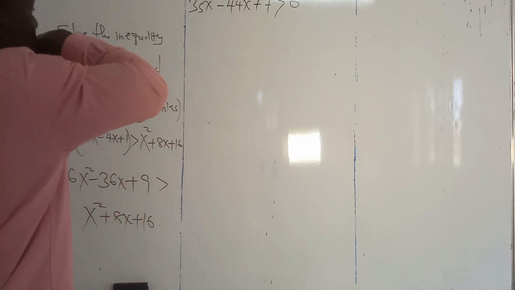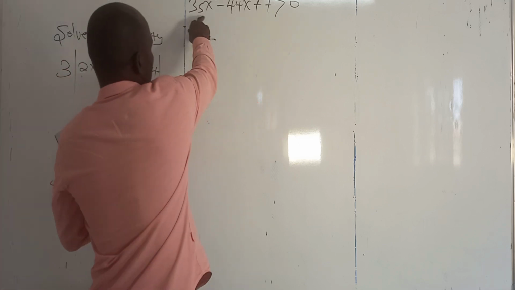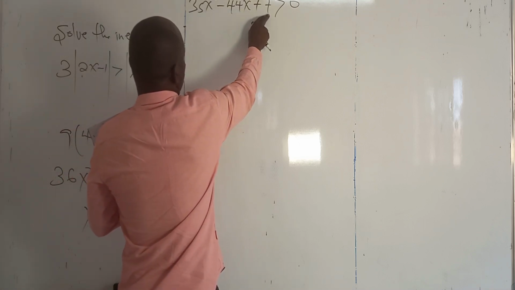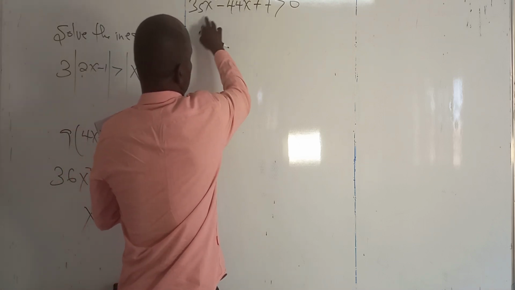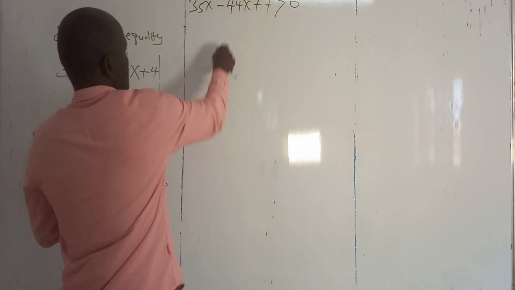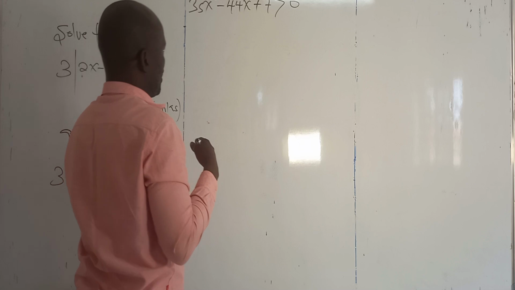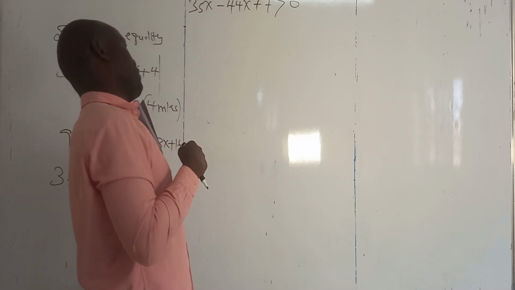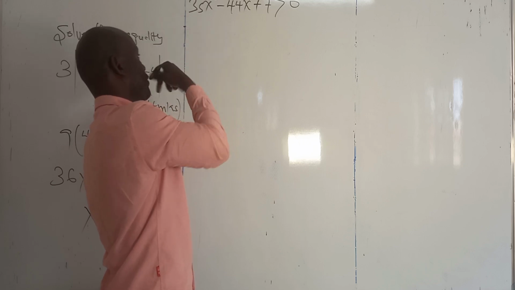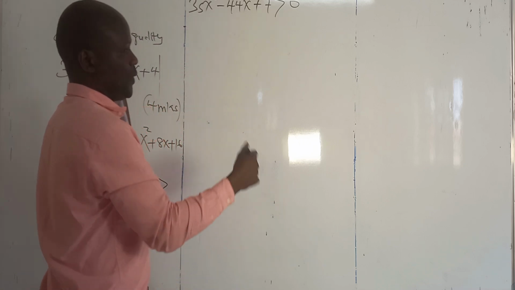But looking at it, 7 can go into 35 and 7, but not into 44. So we wish that perhaps we had 49. If we had 49, then 7 goes into 7, it goes into 49 and also 35. But then we can tweak it.